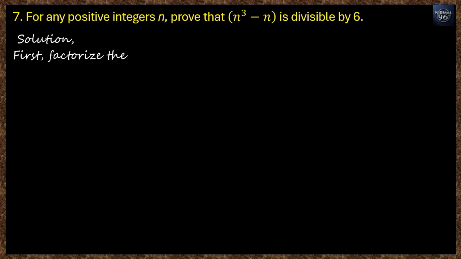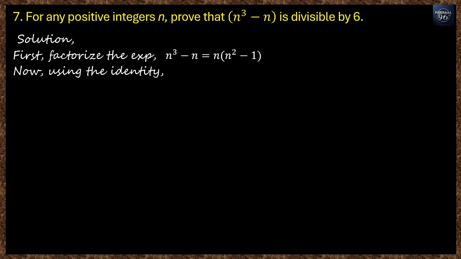First, factorize the expression n cube minus n, and you'll get n as common and n square minus 1 as the remaining factor. Now again you can see here n square minus 1 can be factored further, like a square minus b square. So now using the identity, n square minus 1 we can write as n plus 1 and n minus 1.